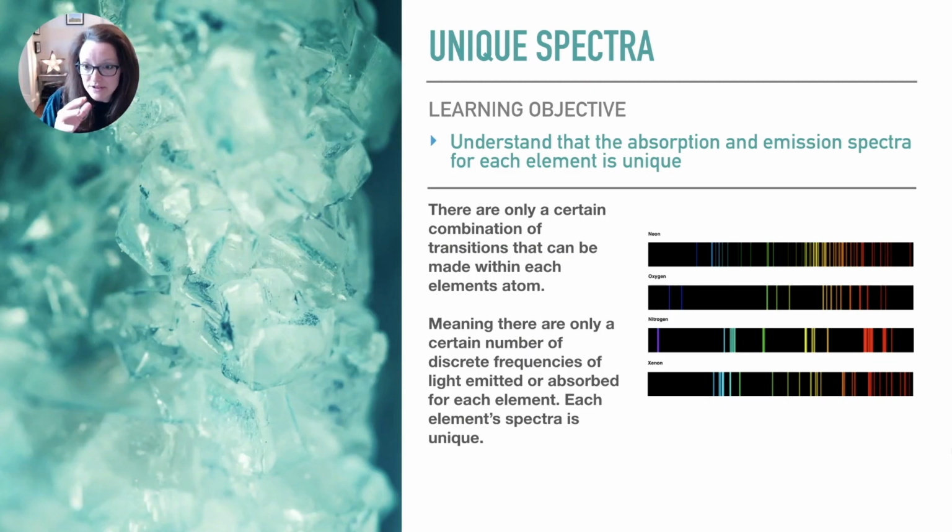Depending on what element you're looking at, the spectra looks different. For neon, it always looks exactly like neon. For oxygen, it always looks exactly like oxygen. For nitrogen, exactly like nitrogen. For xenon, exactly like xenon. It never changes for that particular element, but each element has a different spectra.